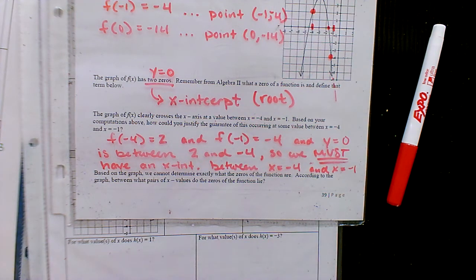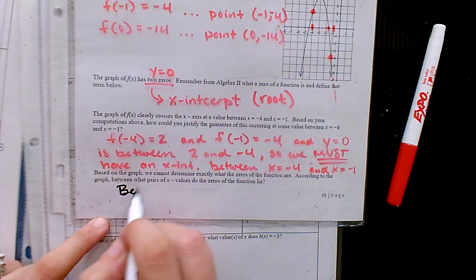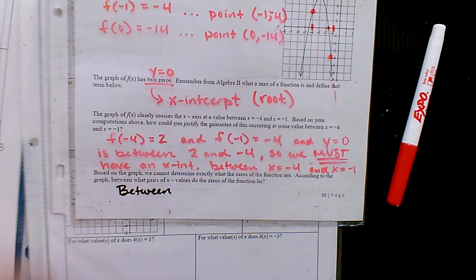So based off of looking at the graph, what is maybe a smaller interval that the x-intercept might be found in? Instead of saying from negative 4 to negative 1, can we get even closer? Between what two x values is an x-intercept found based off the picture?